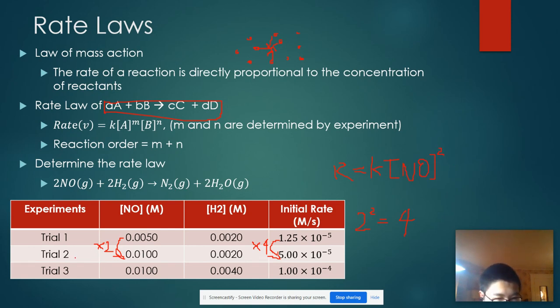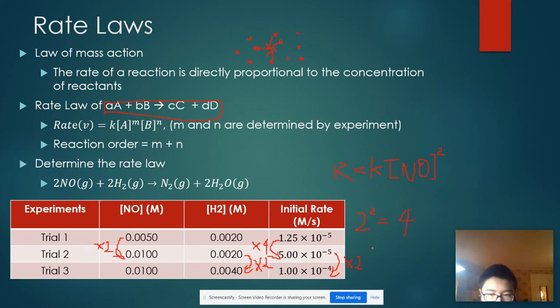So the rate is equal to k times the concentration of NO to the second power. If you compare the second and the third trial, as you can see, we don't change the concentration of NO, but we change the concentration of H2. When we double the concentration of H2, we also double the initial rate.